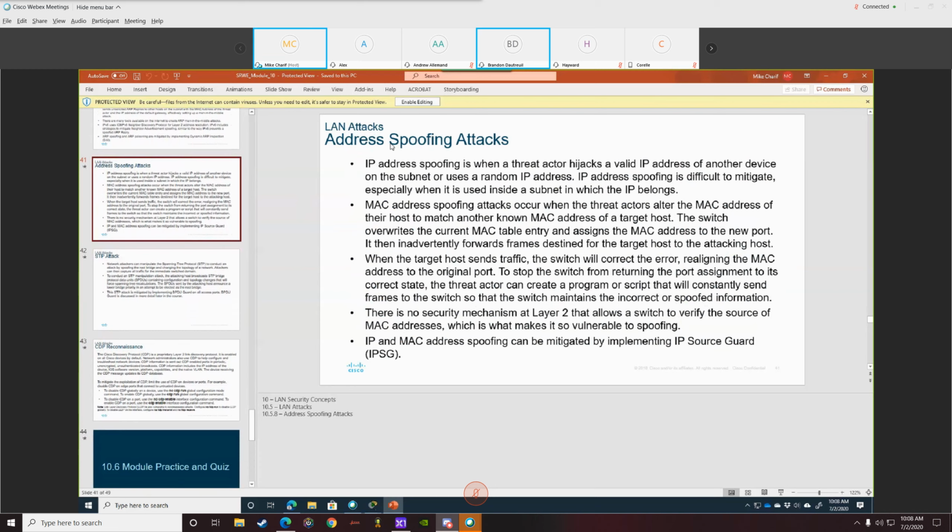Yeah, if you do a lab, yes. And the reason why is, if you have the right tools, especially Wireshark, you can tell who's the source MAC address, who's the destination MAC address, what's the IP address, because you can see the whole frame, the whole packet, everything.